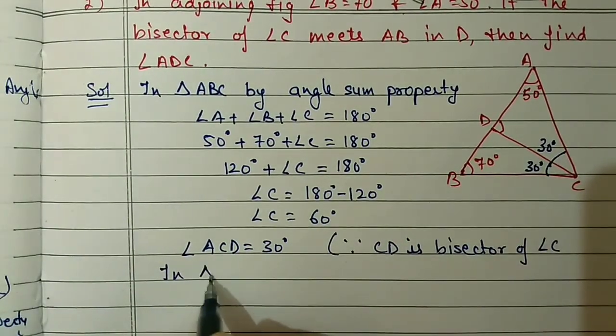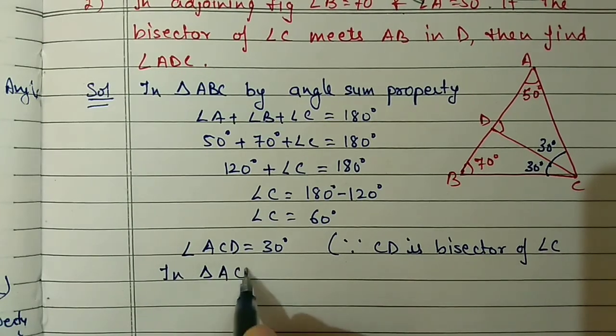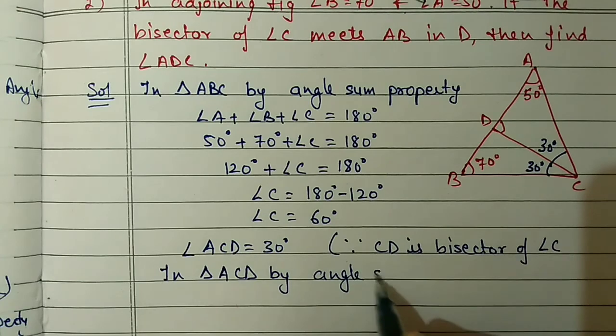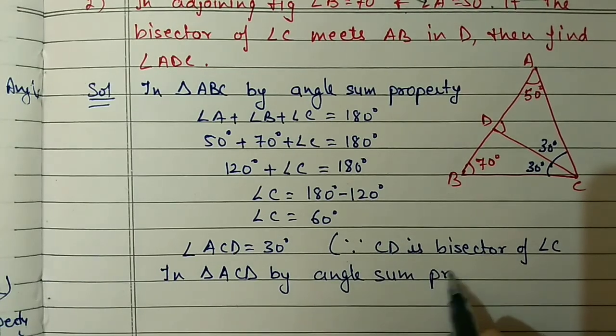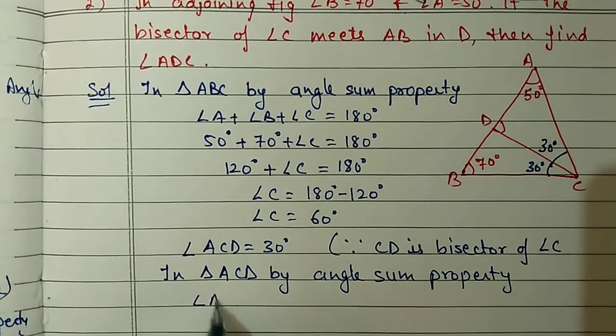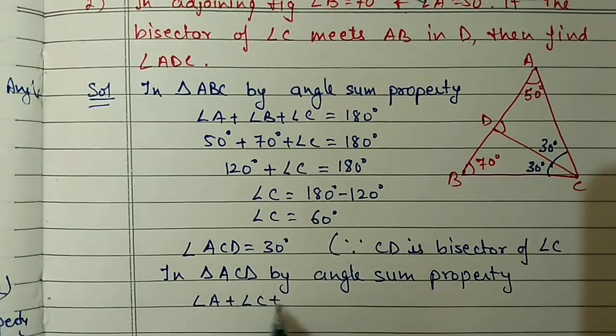In triangle ACD by angle sum property, angle A plus angle C plus angle D is equal to 180 degrees.